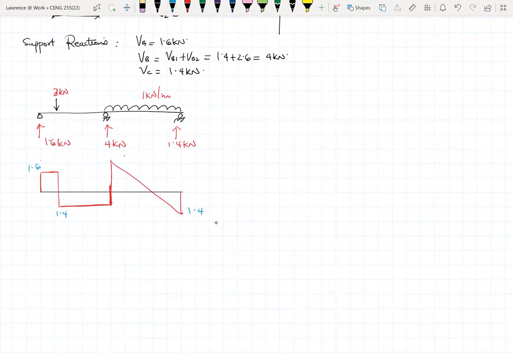So 2.6. Here is the positive phase, and then below we have the negative phase, then positive again, then negative here. So this becomes our shear force diagram.